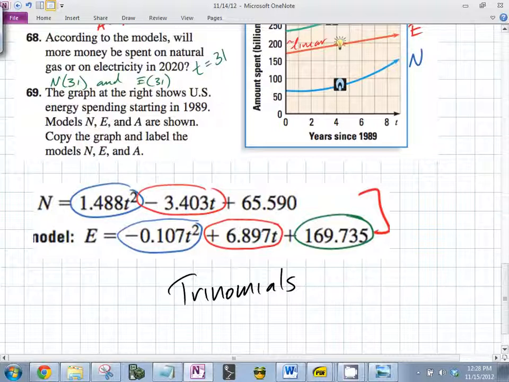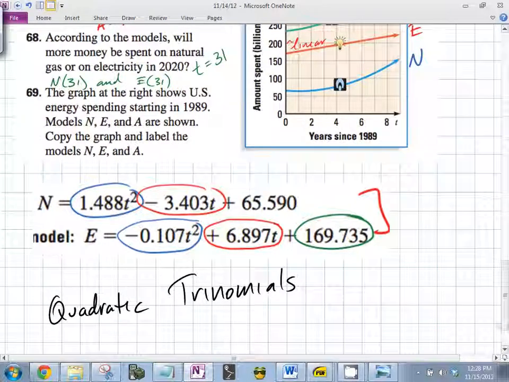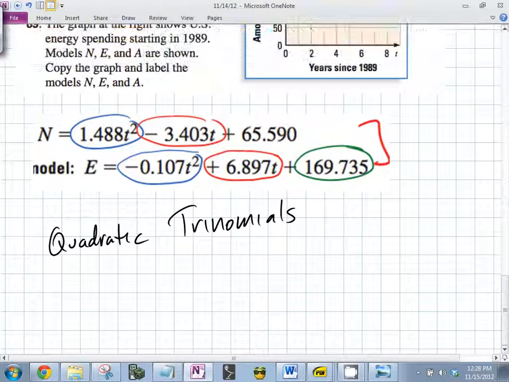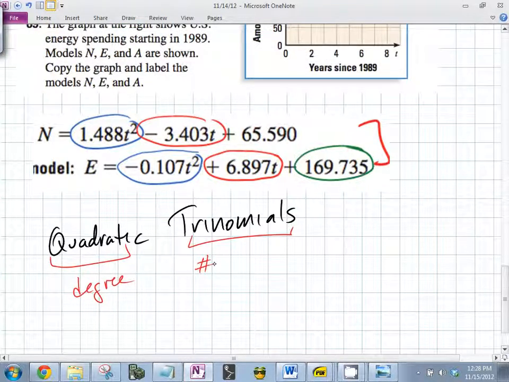Degree is a number. These are both quadratic trinomials. Quadratic has to do with the degree, and this has to do with the number of terms. How many terms are in each? 3, trinomial. Then there's 4, 5, 6. There are words that continue in this vein.